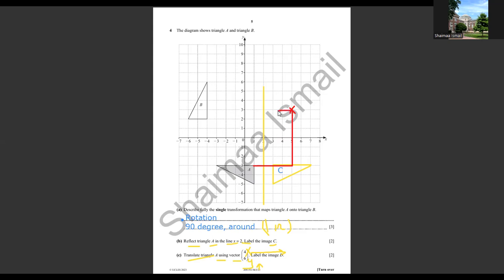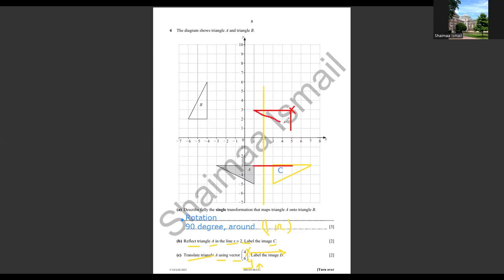I'm going to draw it clearly. Here we have 4 centimeters like this, and getting down 2 centimeters, and then join it like this.